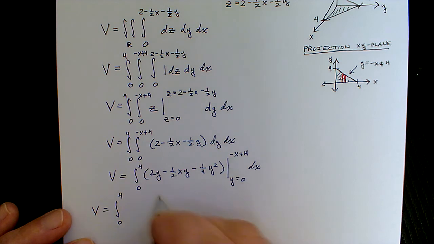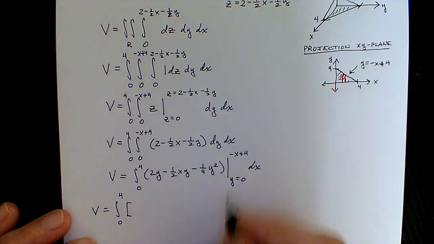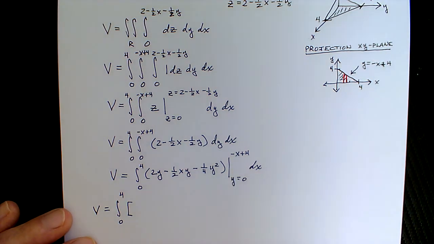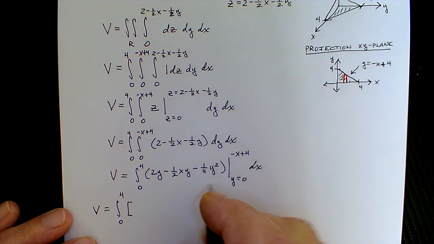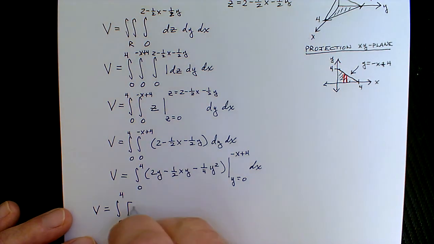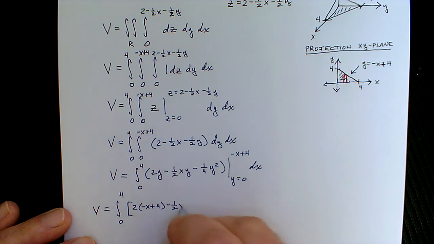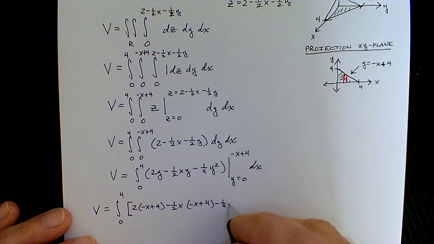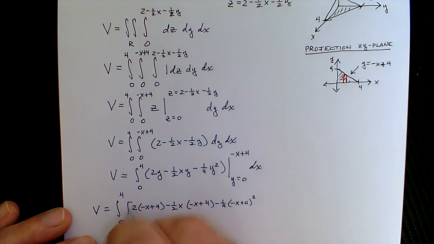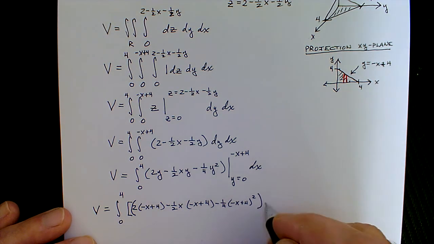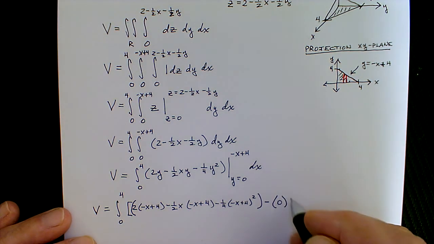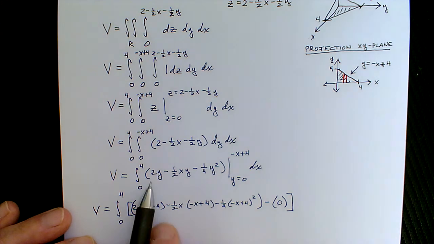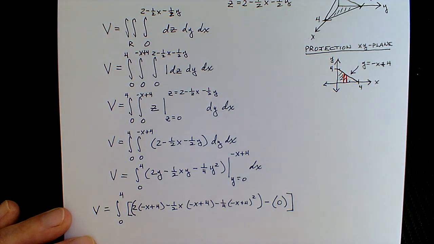Upper limit, negative x plus 4 is y, so 2 times minus x plus 4, minus 1/2 x times minus x plus 4, and then minus 1/4 minus x plus 4 quantity squared. Okay, so that's the upper limit, then minus the lower limit. But the lower limit's 0, and y is a factor of each of those terms, so that's just going to simply be 0. And that's all with respect to x.